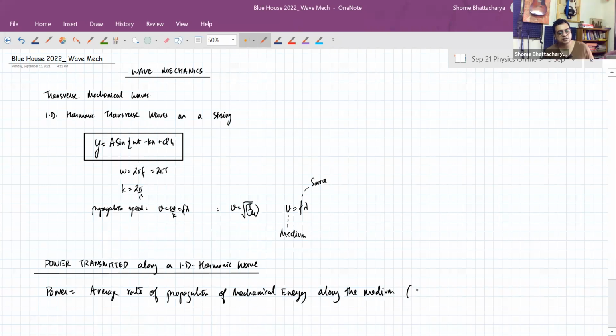So in this case, the medium is the string, which is basically the x-axis. So this power can be understood as dE by dt or delta E by delta t, whatever average value of that. So we will see how to determine this quantity. And of course, our knowledge of SHM will come in very handy over here.